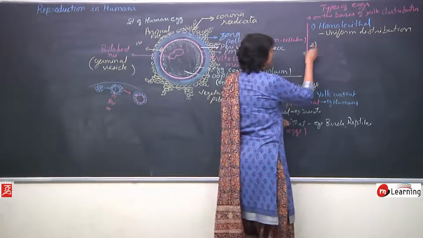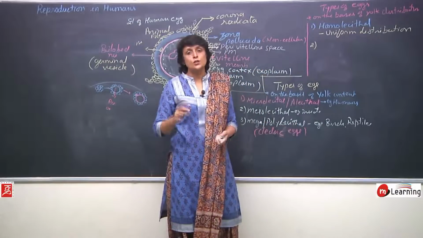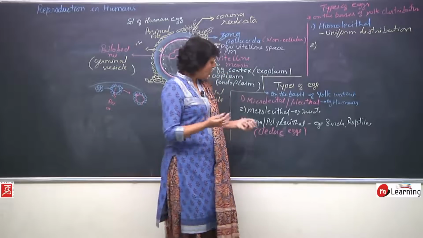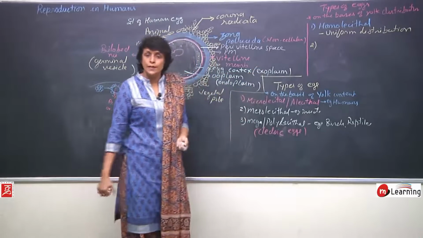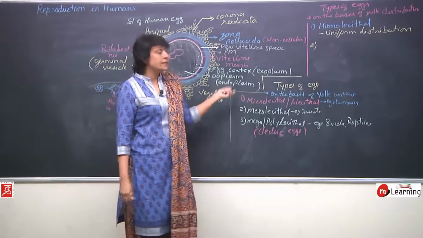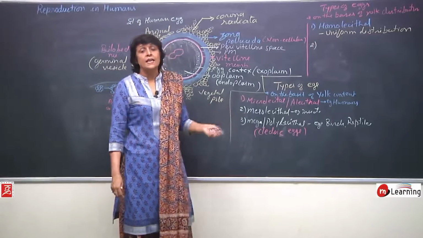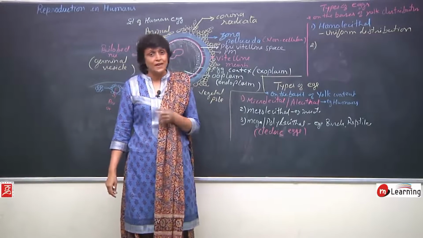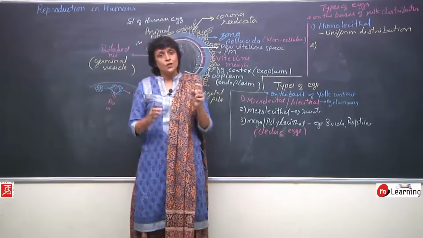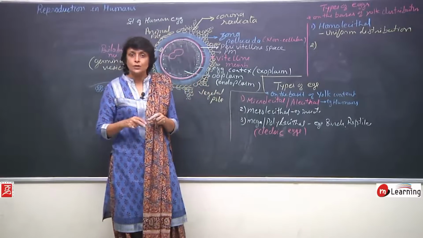Second type, if the yolk is towards one side. Normally, why this is important is the division. When this egg gets fertilized and the zygote divides, it is the cytoplasm which has to divide, yolk does not divide. So, only nucleus and cytoplasm.